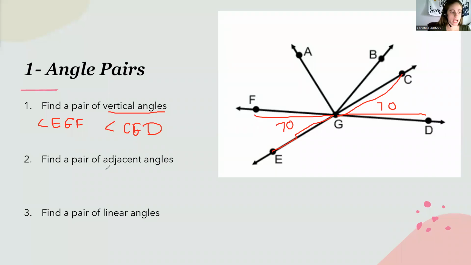All right, now we need to find a pair of adjacent angles. Adjacent angles means that they share a vertex, so that's a corner point, and they share a side. So typically, an easier way to think of that is they're next to each other. So there are actually several adjacent angles that we can see here.